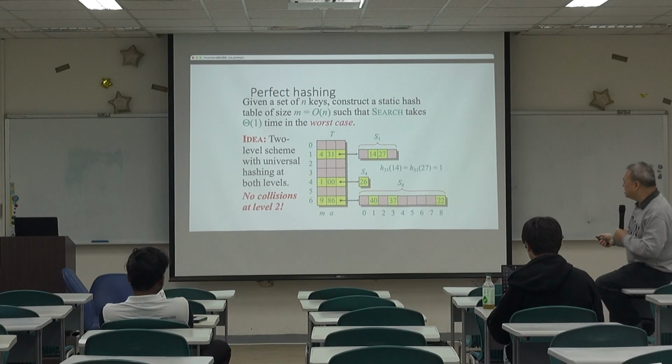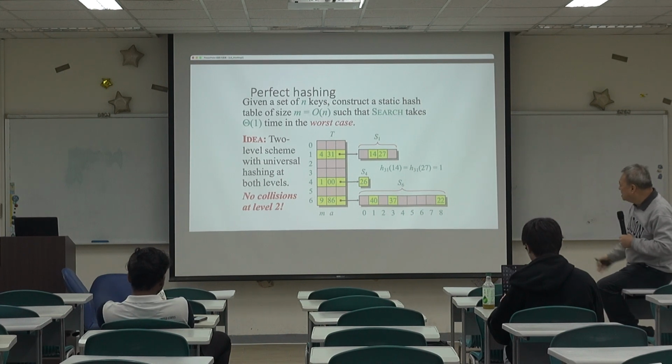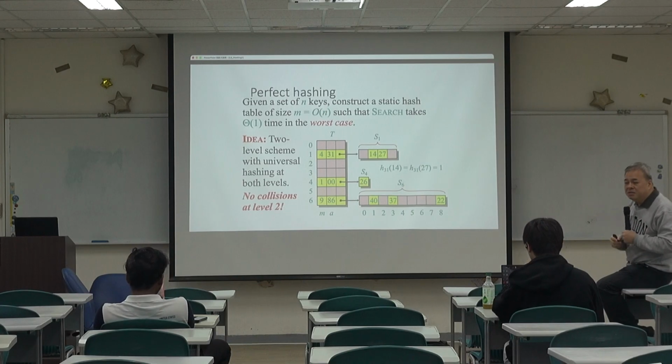But the issue is, how much space are we talking about here? Because eventually we need to make sure the total amount of space is bounded by big O n, right?